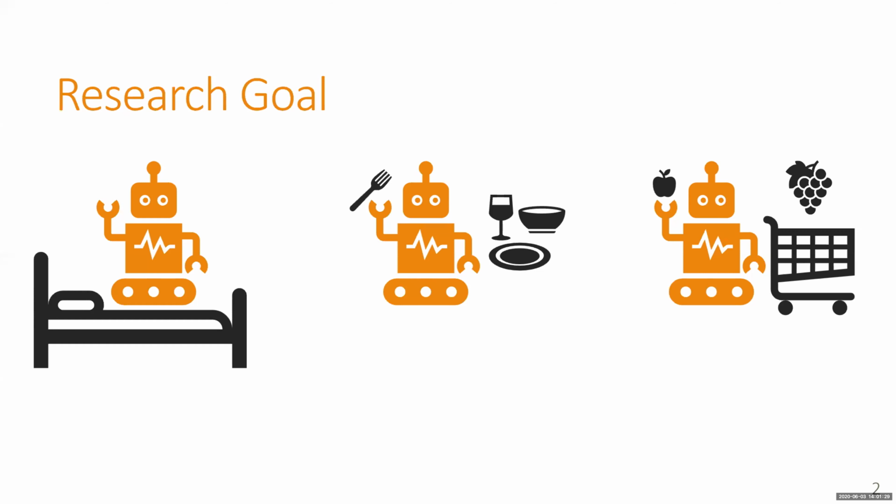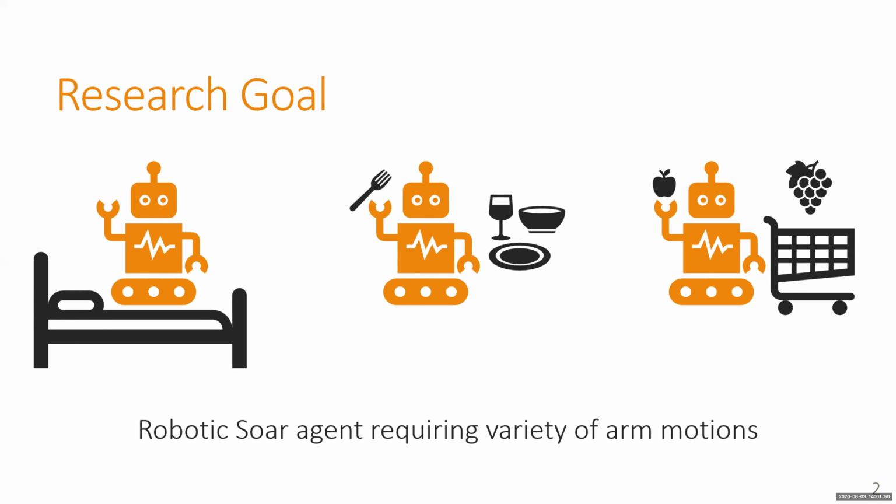So I wanted to start by describing my long-term goal in creating a motion planning system for Soar. In the future, we want to have robotic Soar agents, maybe like Rosie, that learn to do many different tasks. These many different tasks will require a wide variety of arm motions.